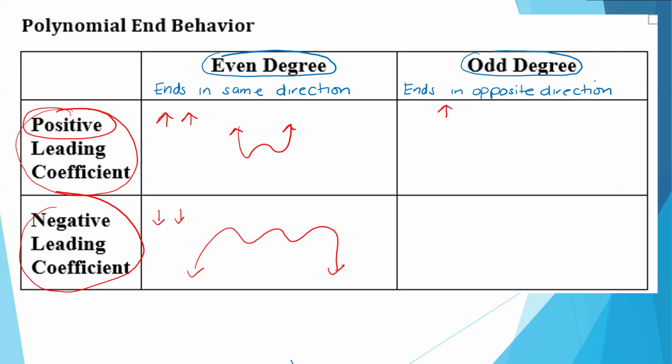So the right side has to be up, the left side has to be down. It's what you want happening in the end. So it could be like that. And if your leading coefficient is negative, then you're trending downwards, so you want to end up down.